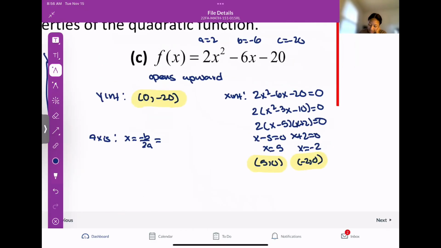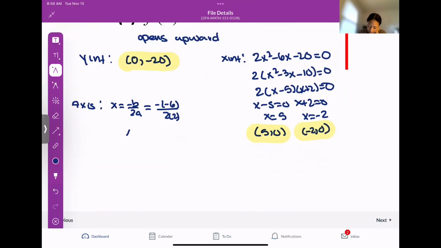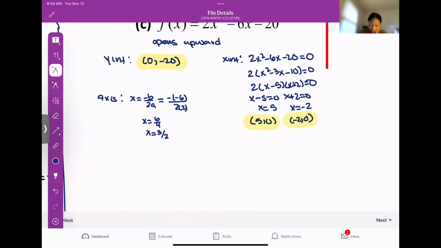That's -(-6) over 2 times 2. So we get x is equal to 6/4, or 3/2. All right, so that's the axis of symmetry, x equals 3/2.